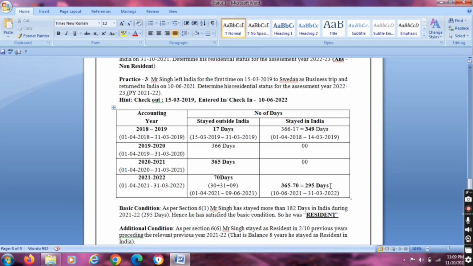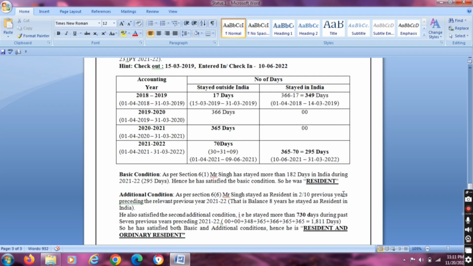If he satisfies the basic condition, we can go for the additional condition as per section 6 subsection 6. Singh stayed as a resident in 2 out of 10 previous years preceding the relevant previous year 21-22. He also satisfied the second additional condition, that is, stayed more than 730 days in the past 7 previous years preceding 21-22.